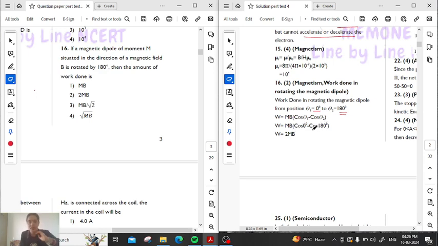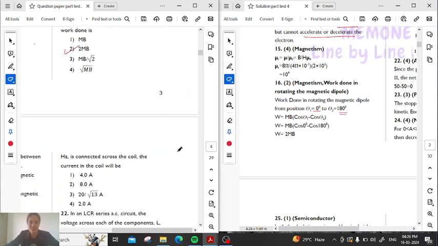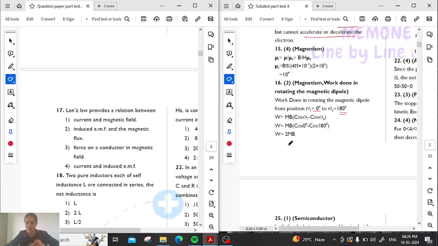So W is equal to mB, we put the value of theta 1 as 0 degrees and theta 2 as 180 degrees. This comes out to be W equals 2mB. So according to that, simple, your option number 2 is the correct answer. Okay, so let's move to the next question.